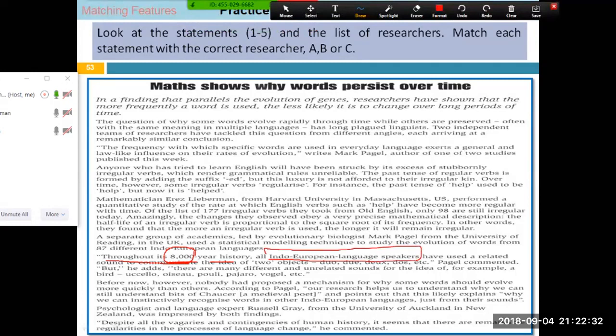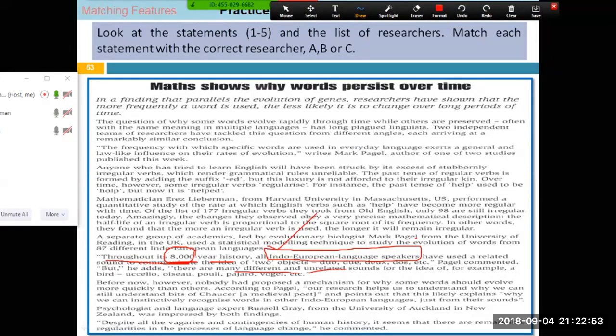That means multiple languages, isn't it? So now different languages here, it's again written here. So this is a good indicator that, well, who was this person? He was Pagel, right?